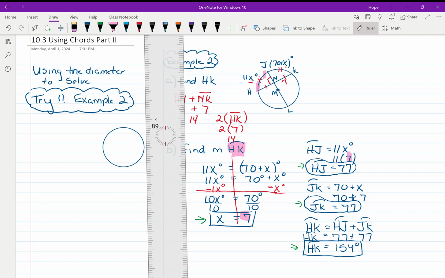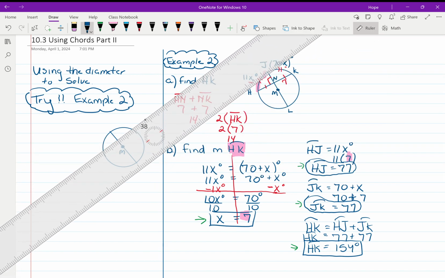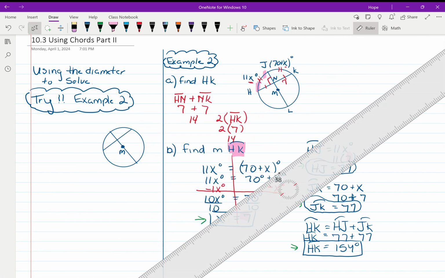So the center of my circle again is going to be M. And I'm going to draw my diameter, and then I'm going to draw my chord going across. So I've got H and K again, and J and L again, and I've got an N here.